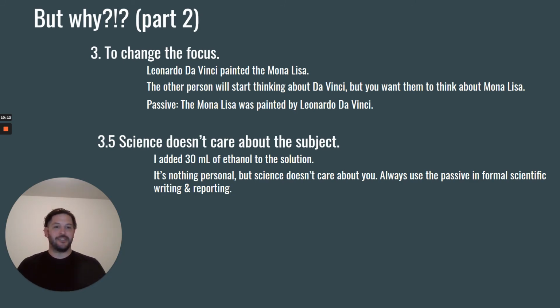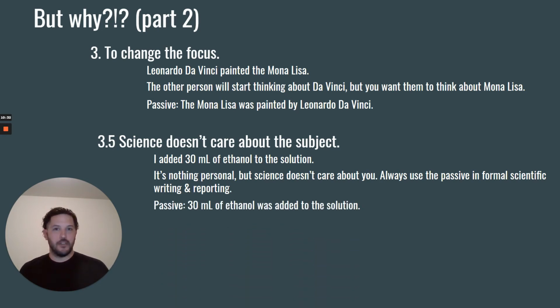It's nothing personal, but science doesn't care about you. Always use the passive in formal scientific writing and reporting. So our example was I added 30 milliliters of ethanol to the solution. How do we make that passive? We're going to say 30 milliliters of ethanol was added to the solution. And if you are making a solution with 30 milliliters of ethanol, you're probably making a cocktail.